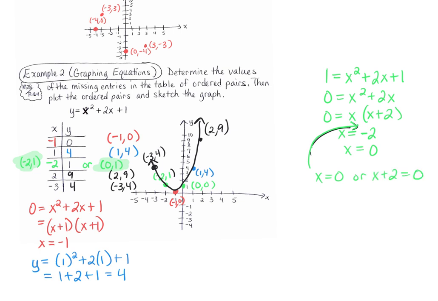So here we have x equals 0 or x plus 2 equals 0. But if x plus 2 is 0, that means we subtract 2 from both sides to get x equals -2. Does that make sense?